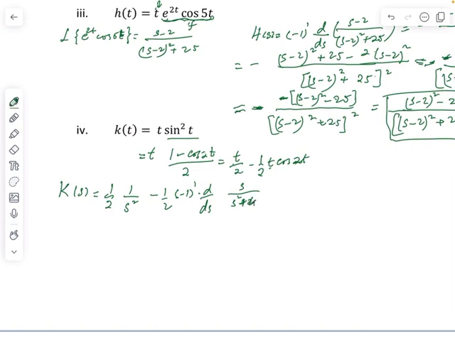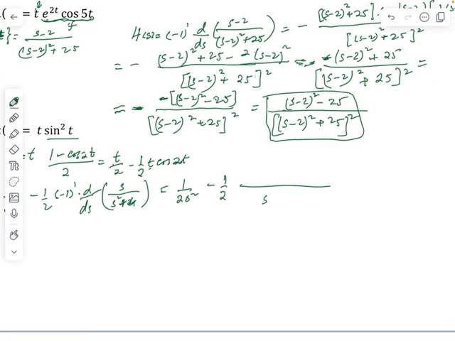So now I have to take the derivative of that. The first term remains as it is, 1 over 2s squared, minus 1/2 times the derivative of this quantity, which is (s squared plus 4) whole squared at the bottom, then (s squared plus 4) at the top times the derivative of the top, which is 1, minus s times the derivative of s squared plus 4, which is 2s.